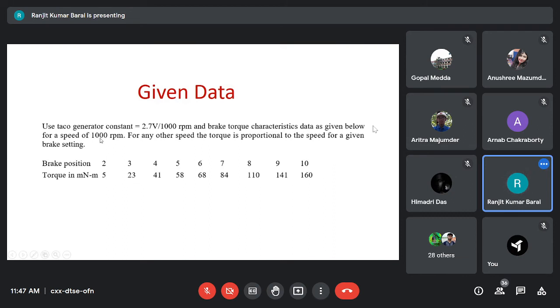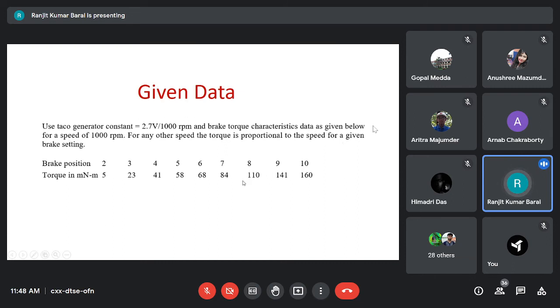So if you change the RPM, say 500 RPM, at brake position 3, what will happen? The torque generated will be just how much? 11.5. Like that, you can proportionately calculate the torque generated from this table.